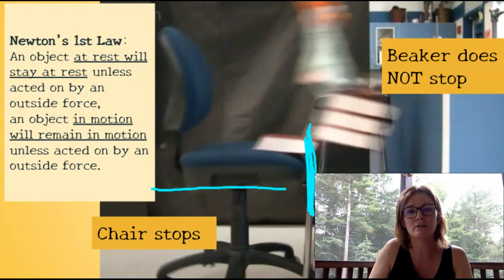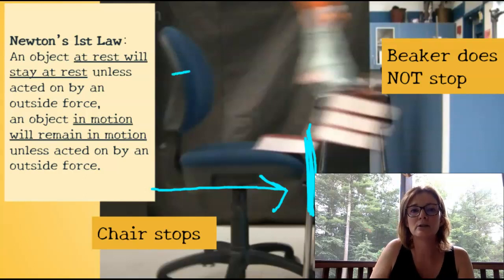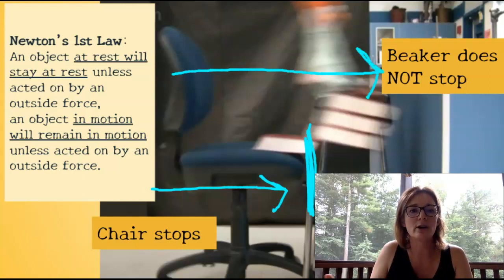The motion of the rolly chair stopped because it was acted on by an outside force, in this case the stationary chair. Whereas Beaker, who started in motion, remained in motion because no outside forces acted on him.